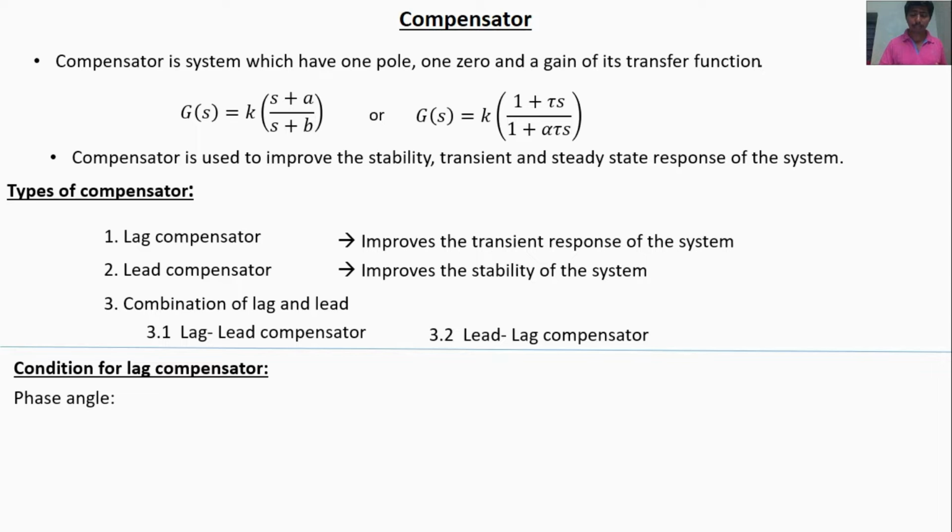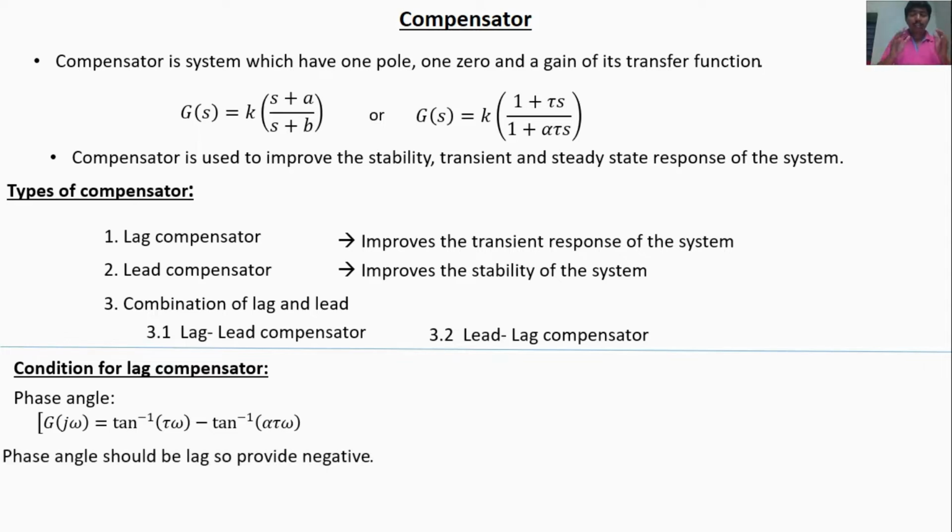Let us take the phase angle for the system. The phase angle is tan inverse of tau omega minus tan inverse of alpha tau omega. If you need a detailed explanation of phase angle, refer to the attached video on calculation of phase angle and magnitude. The lag compensator should provide a negative phase angle. So if this term is less than this term, then only the phase angle will be negative. So tan inverse of tau omega should be less than tan inverse of alpha tau omega.